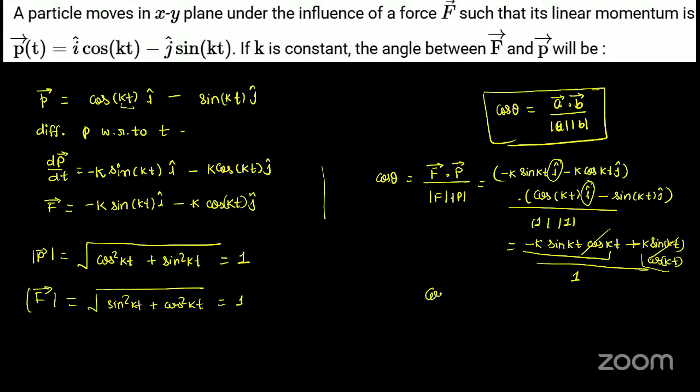So ultimately cos theta comes out to be 0, and cos theta is 0 when theta will become pi by 2. Okay, so this is the answer.